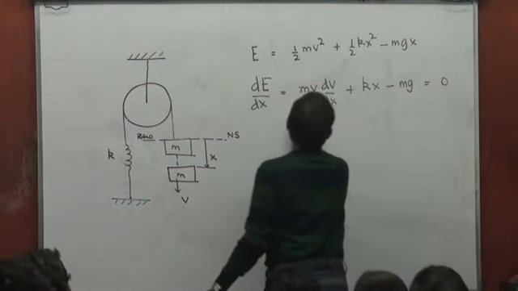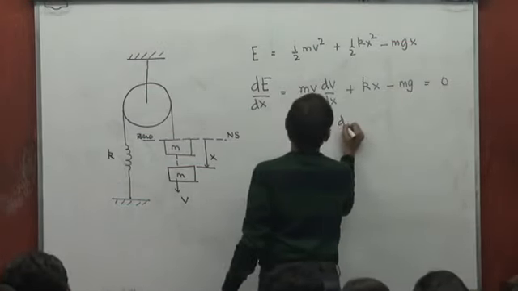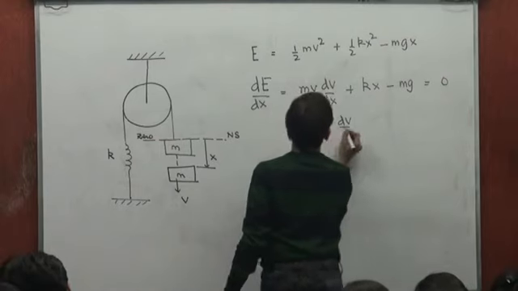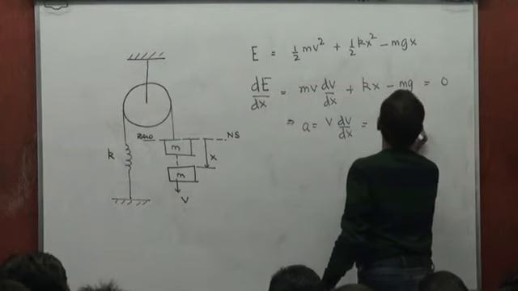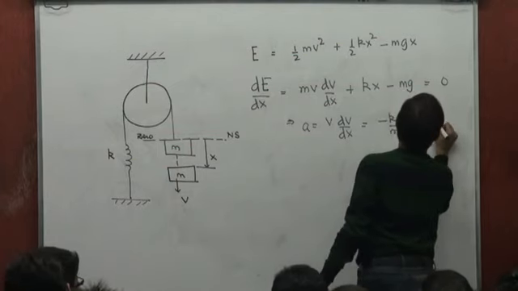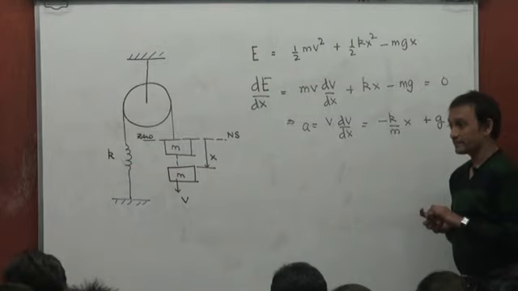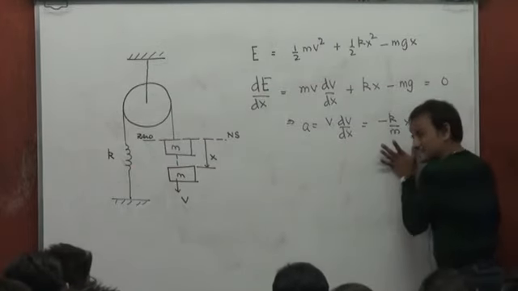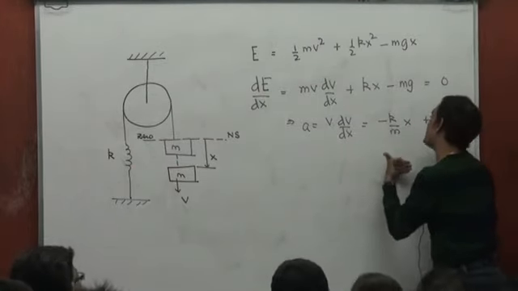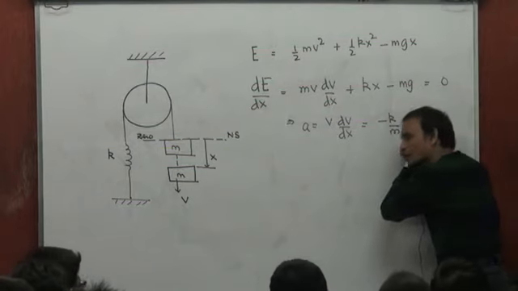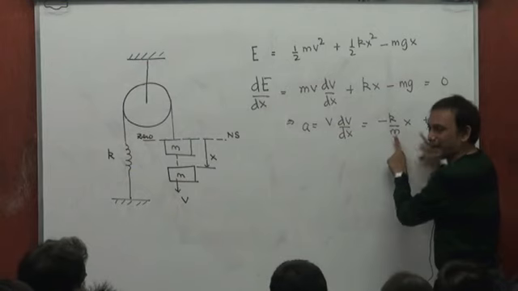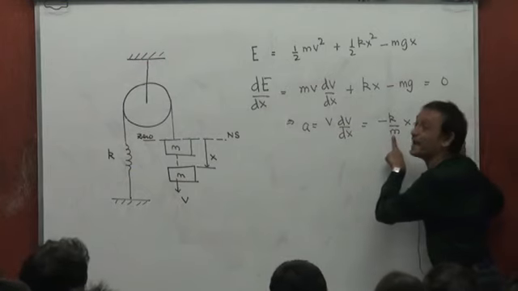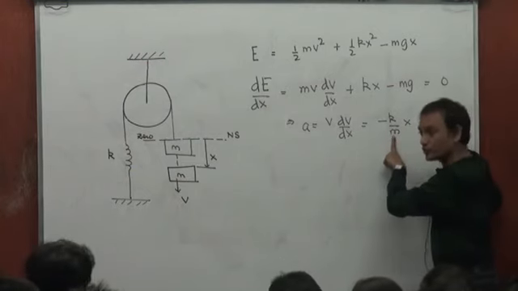Or we have v dv/dx, which is the acceleration, as minus k by m into x plus g, right? The motion therefore is simple harmonic. The only difference is x equal to 0 is not the equilibrium position. The equilibrium position would be x equal to mg by k, governed by a equal to 0 or F equal to 0, right?